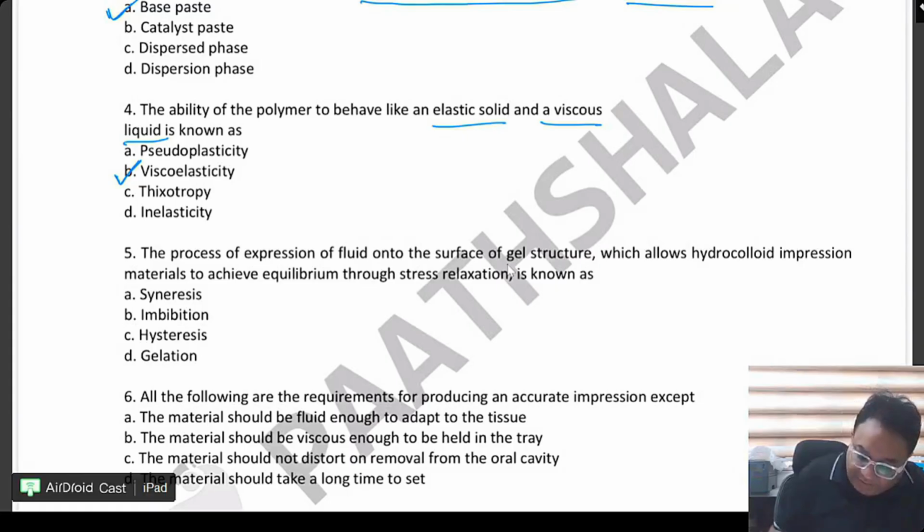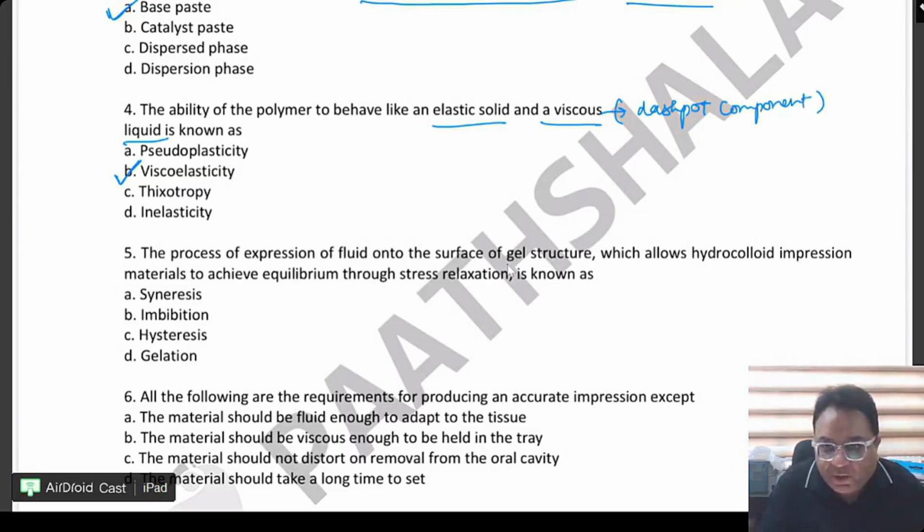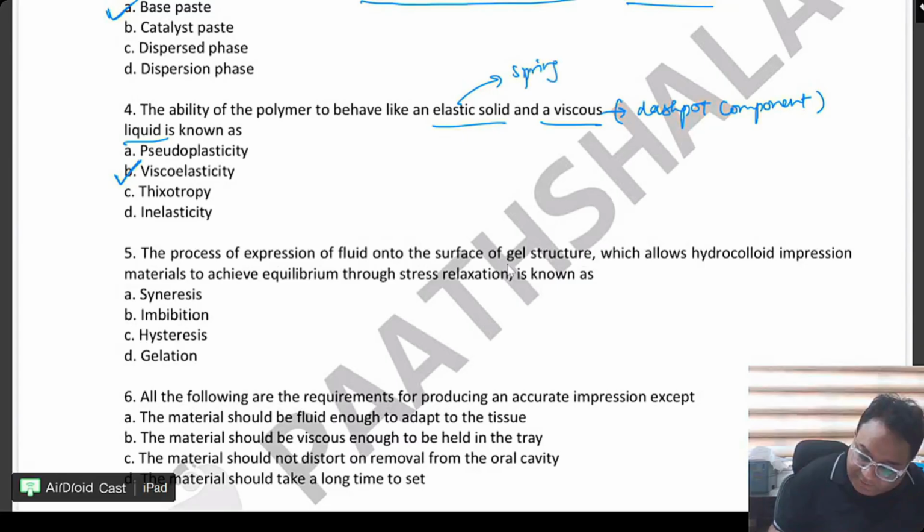Viscous liquid is known as the dashpot component, and this elastic word gives the name spring component. Dashpot component, spring component.